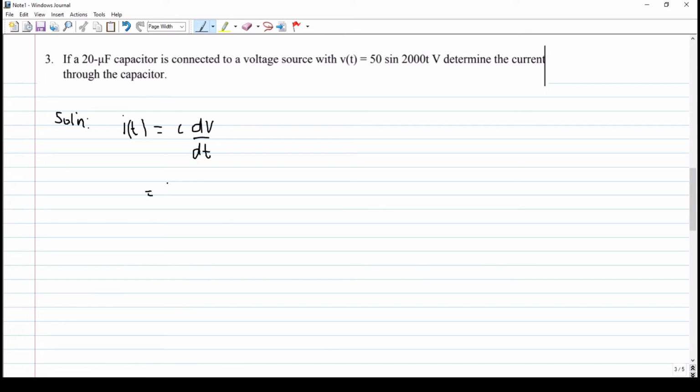So substitute the value of C, which is 20 microfarad, or 20 times 10 to the power negative 6, multiplied by the derivative of 50 sine 2000 t over dt.